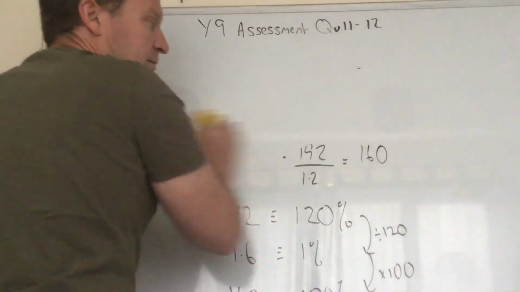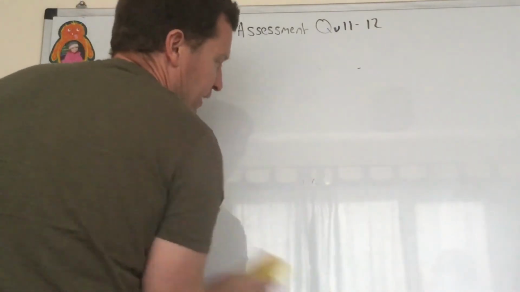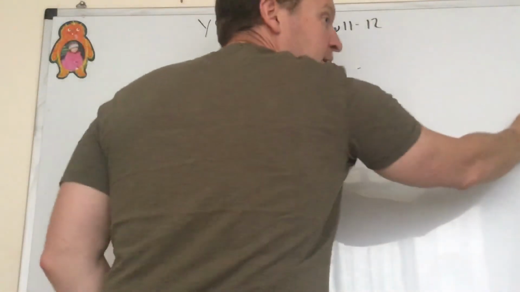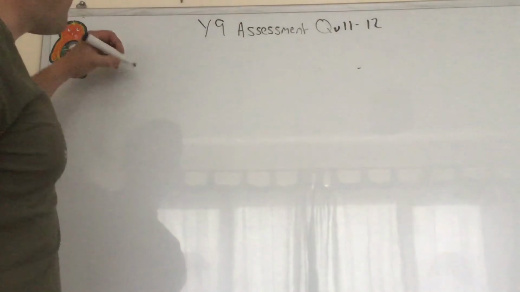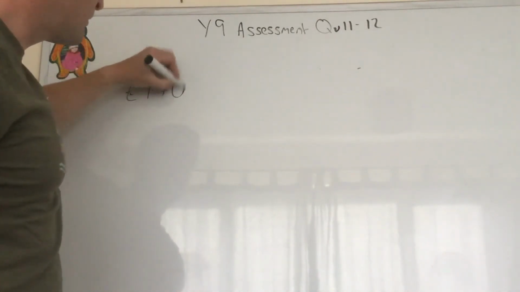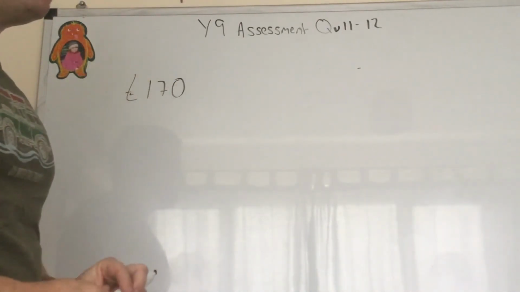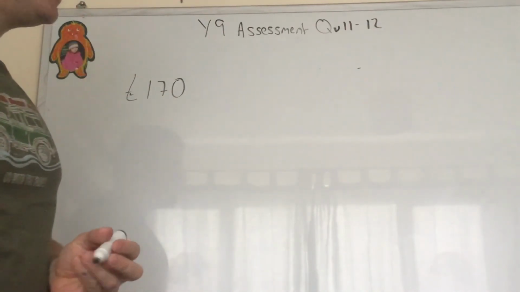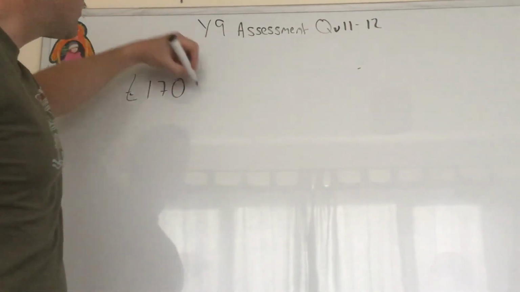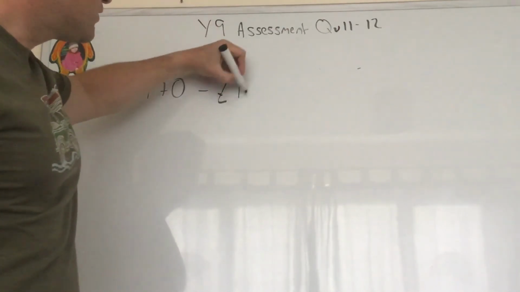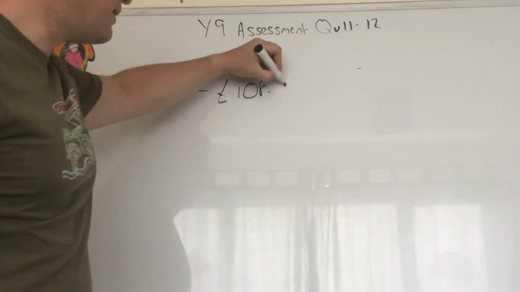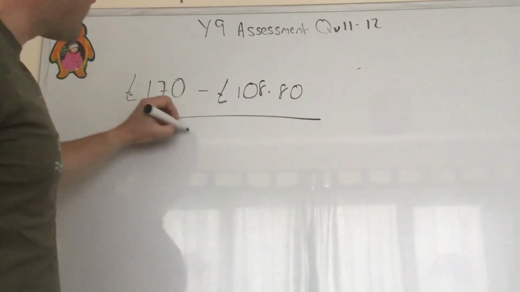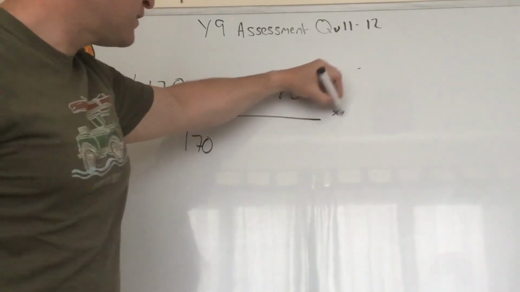Question C. I've got no idea how to read that name. I'm going to go with Key. So Key bought a scooter for £170, and she doesn't use it anymore and decides to sell it on Gumtree. She sold it for £108.80. What's her percentage loss? So we want change: 170 minus 108.80 over the original, times 100.